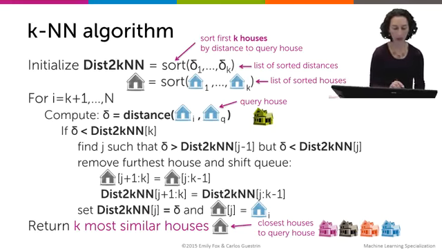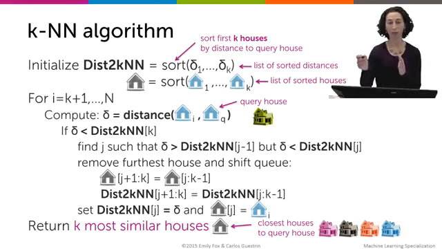What we're going to do is initialize what I'm calling distance to k nearest neighbors, which is a list of the current distances to the k nearest neighbors I have at the current iteration. To start with, we can just look at the first k houses in our data set and initialize those as our k nearest neighbors. But we're going to sort these distances for these first k houses.